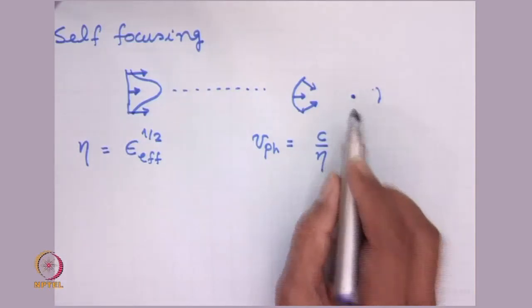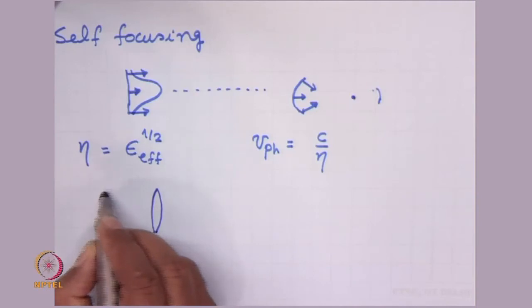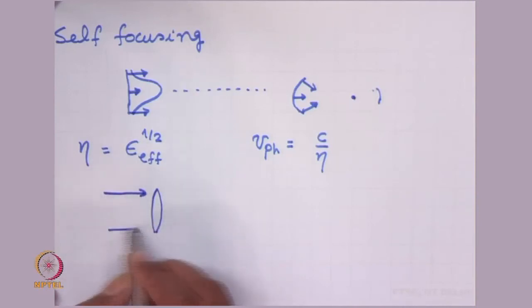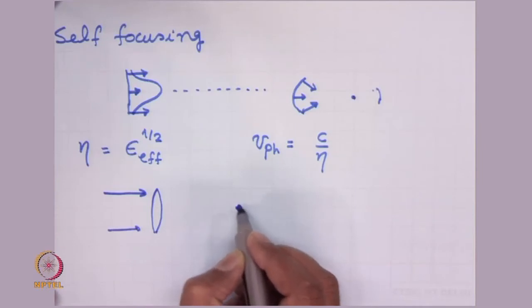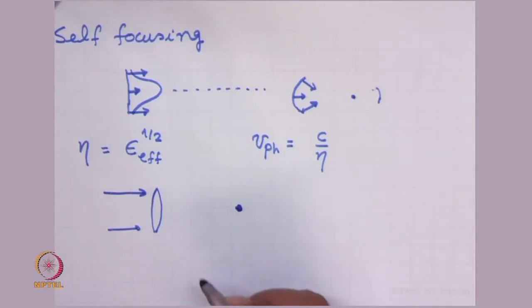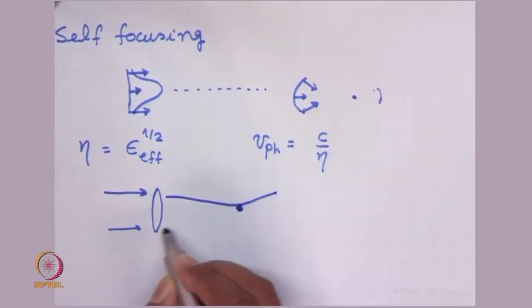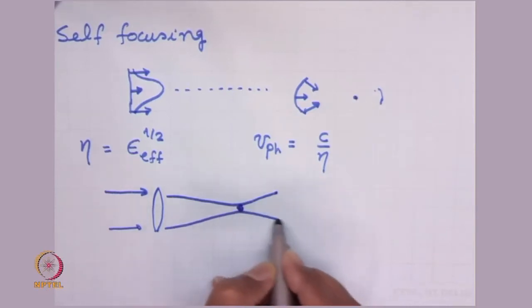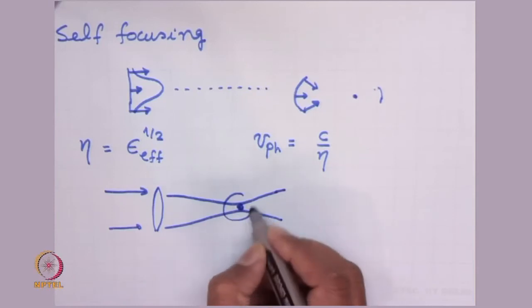One thing more, normally we use lenses to focus radiation. If I shine laser light on a lens, it will converge to a point, and the typical size of this spot is of the order of a laser wavelength. But then the rays come over here and then they diverge like this. So the region where the intensity is large is very small.